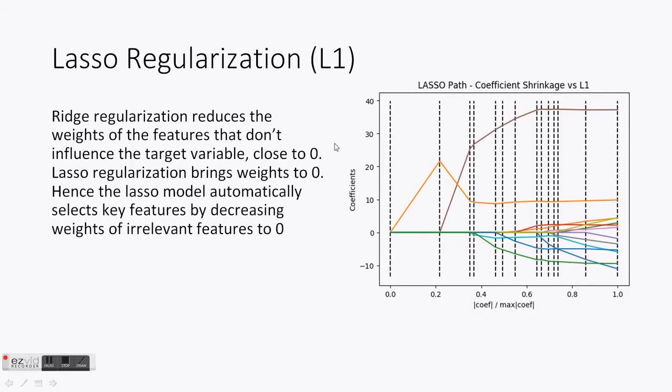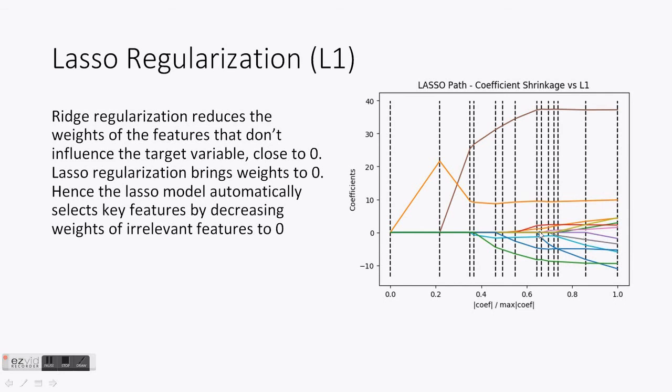The other thing, lasso regression, again penalizes the coefficients, but in a slightly different way. The advantage of lasso is that instead of making the coefficients close to zero, it will actually make them zero. Again, you can see these coefficients have these values here, and as you move towards the left, these coefficients start dropping.